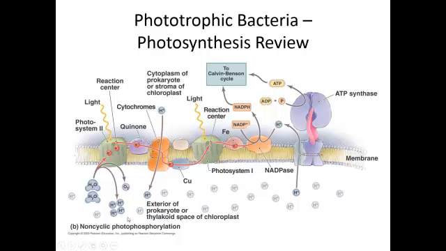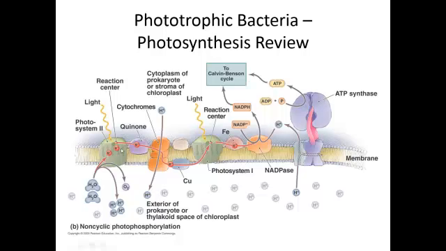Also, all of these hydrogens that are pumped to the other side of the membrane go through ATP synthase, which combines ADP and inorganic phosphate to form ATP, which also goes to the Calvin-Benson cycle. All of these energy-carrying molecules aid in fixation of CO2 into organic carbon chains.